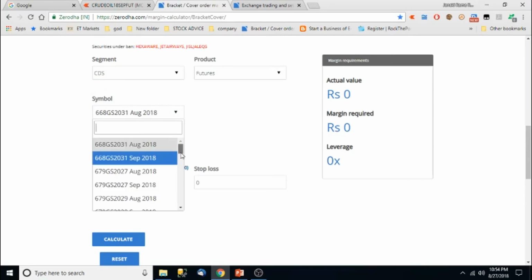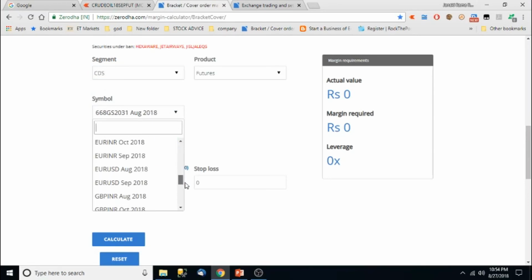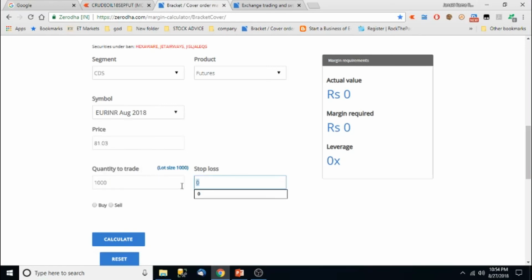So we are not getting much difference maybe, but still it is a good opportunity to trade and get the benefit of these leverages.